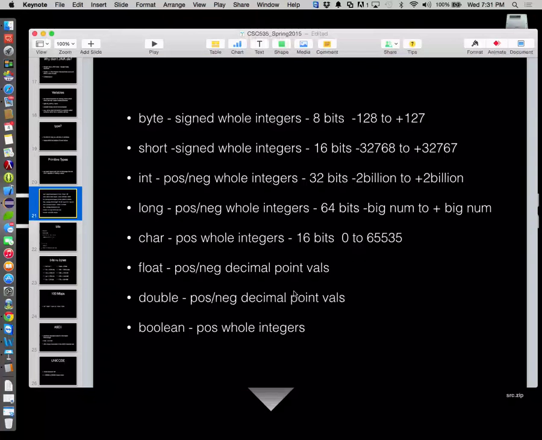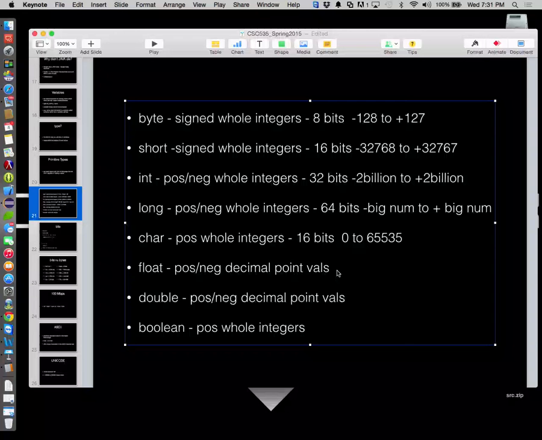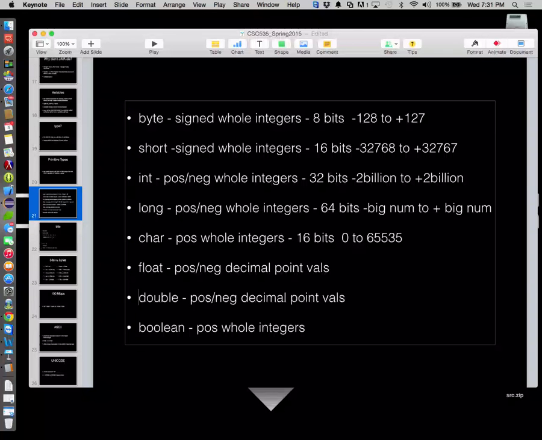All right, floats. A float is a positive, negative decimal point value. These guys are 32 bits. The reality is they're actually 32 on the front by 16 after the decimal point, I believe, for Java.